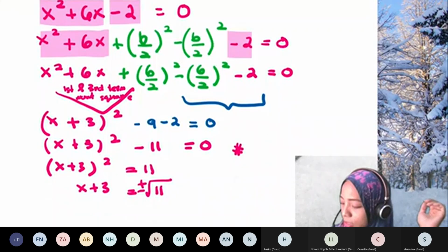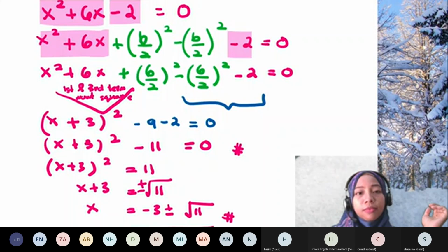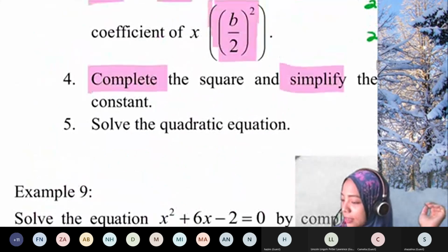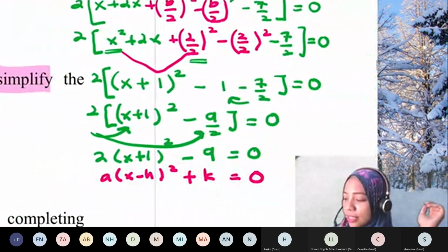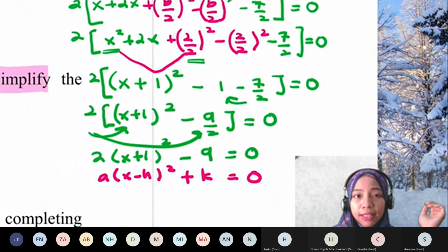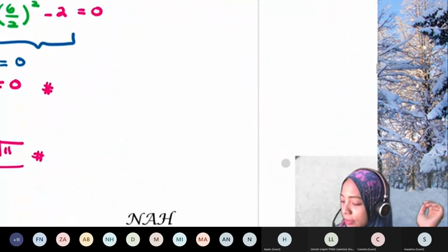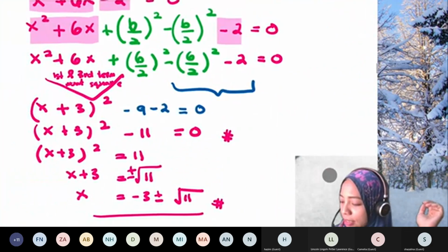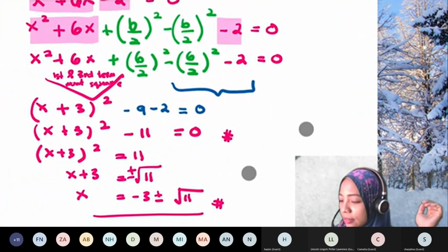So now the answer is negative 3 plus minus square root 11. Ini baru final answer. Tadi belum final answer. Yang I buat kat sini belum bagi final answer. You buat the same thing lah. Macam biasa pindahkan sahaja. Boleh ke?